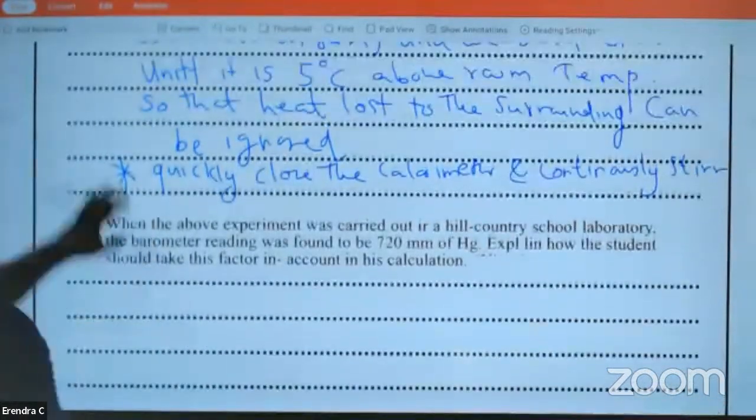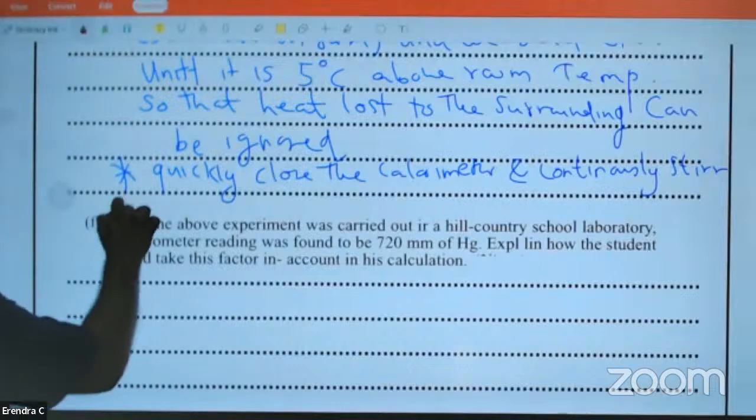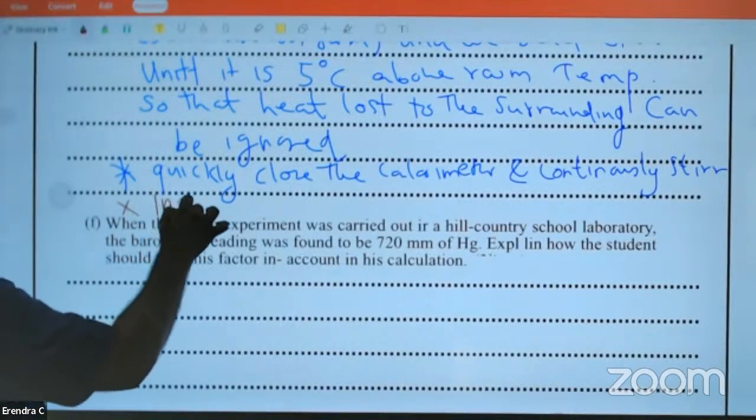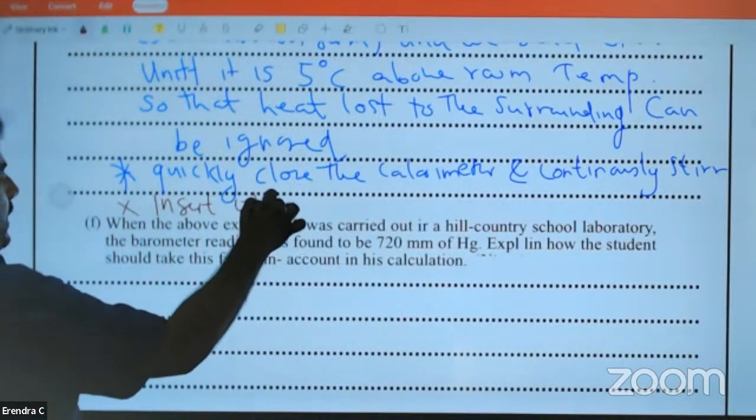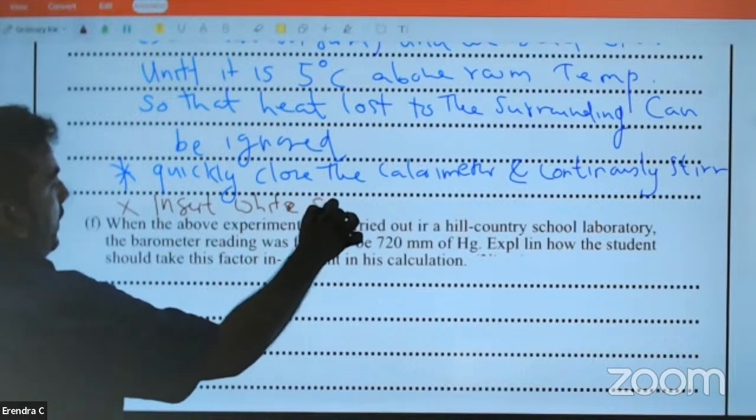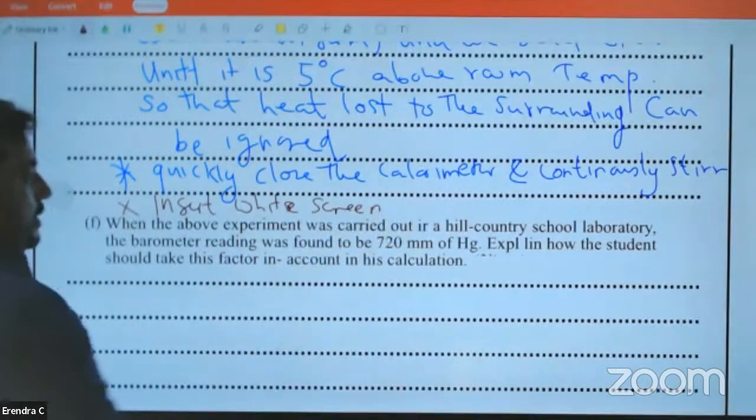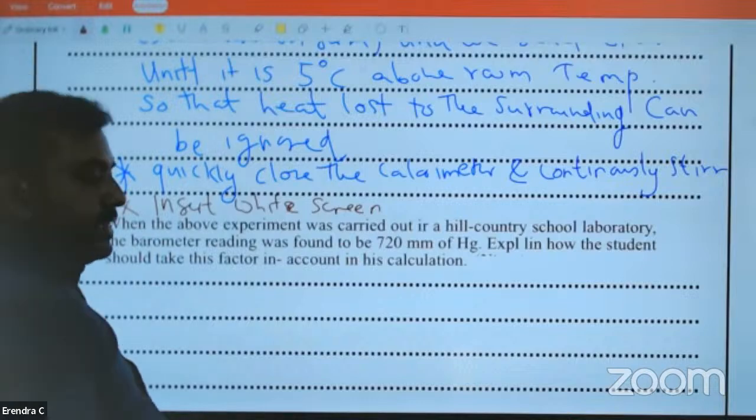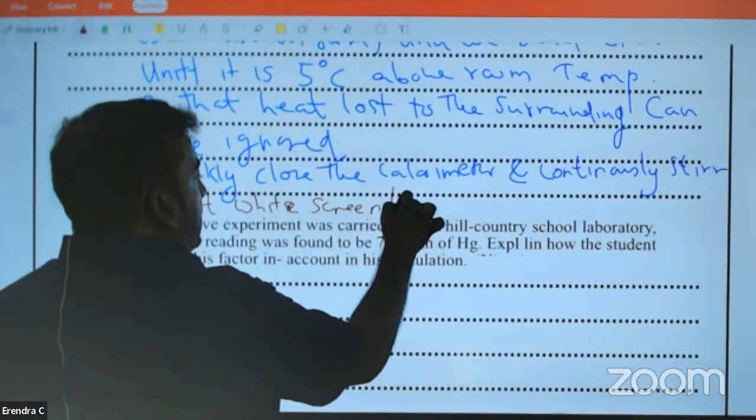That also you can write here. You can say, insert white screen. Why white screen? White screen is a good reflector of radiation. White screen or asbestos sheet.